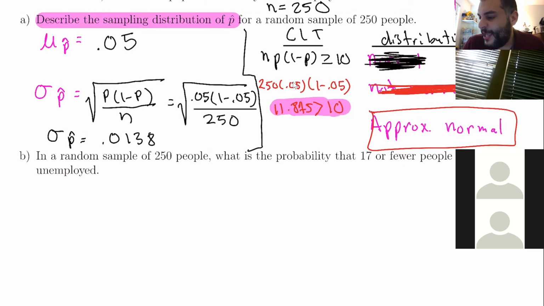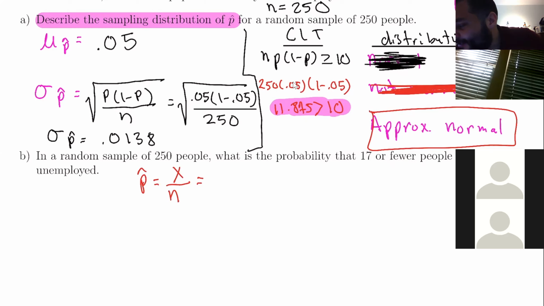For our p hat, going back to the beginning of chapter 8.2, the formula for p hat is x divided by n. X, if you remember, is the characteristic that we're looking for.